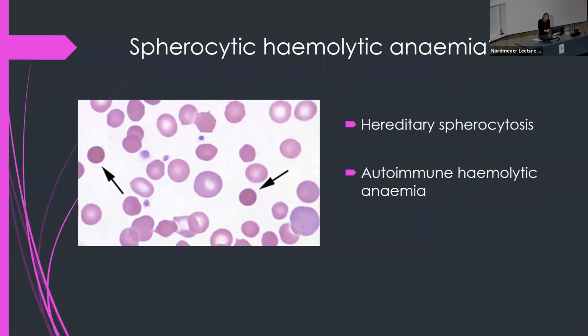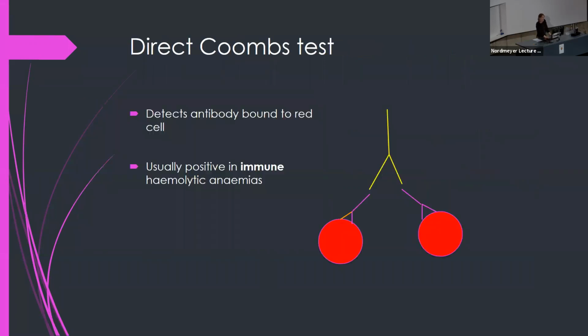So there's two things, hereditary spherocytosis, or autoimmune hemolytic anemia, and the difference between the two really is the direct Coombs test, because the direct Coombs test tells you whether there's antibodies stuck on the red cells. So the purple antibody stuck on the red cells is what's happening in the patient, and then the yellow antibody is what we do in the lab.